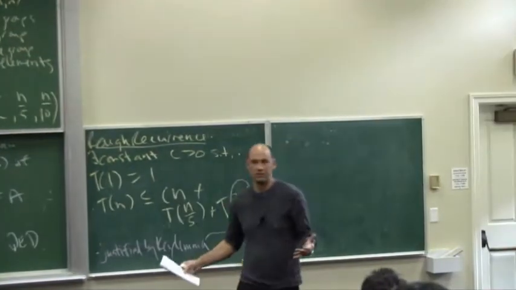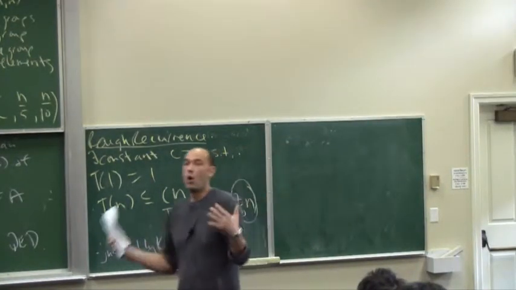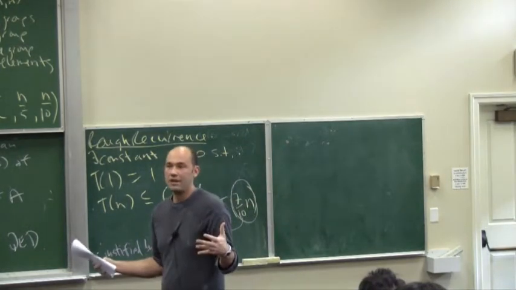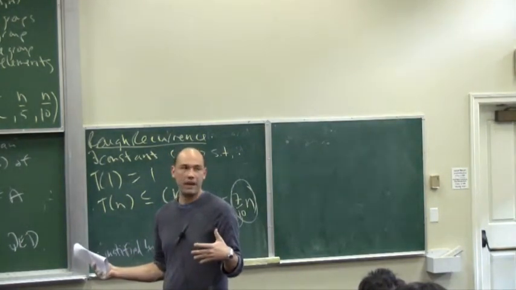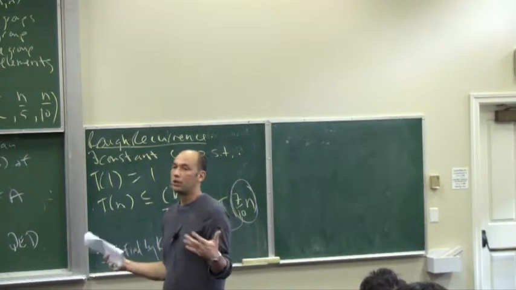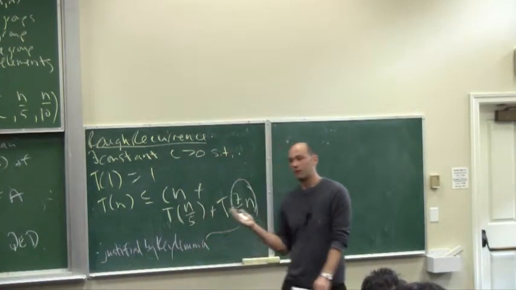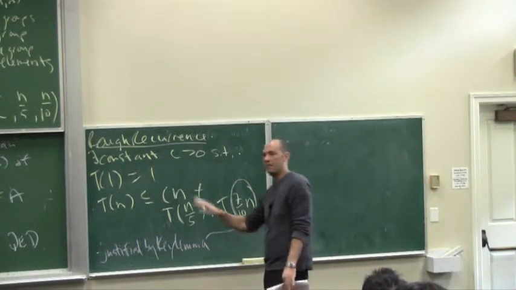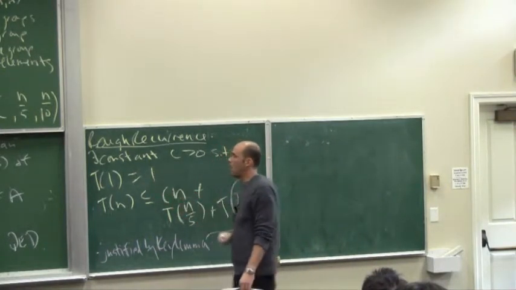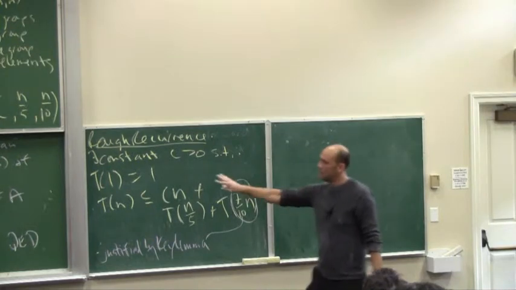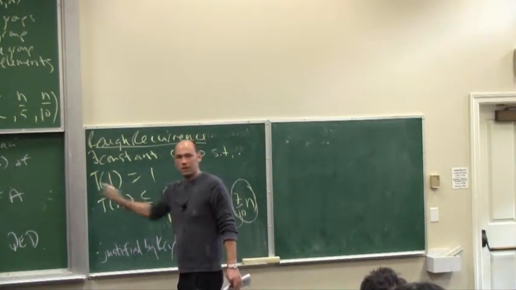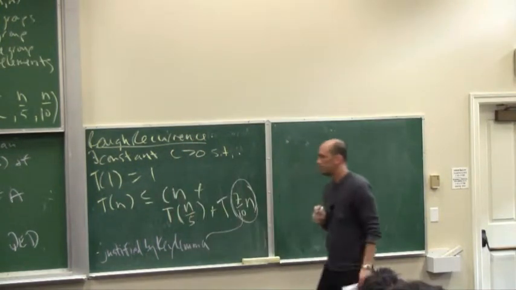It's not 7/10 n, it's 7/10 n minus 5 or something like that. That makes the proof a little more involved, and it's in the handout, and I'm not going to spend the lecture time doing it. So it's all kosher, but you know, this is slightly sloppy, for reasons of that form.